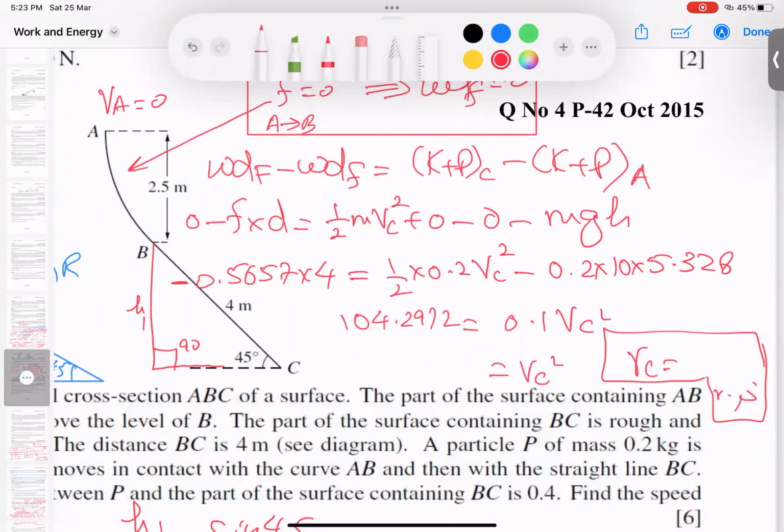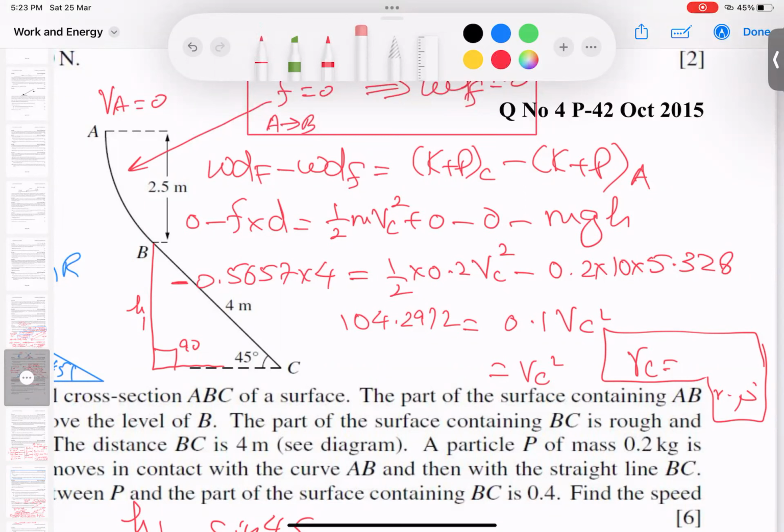Sir, yes, please. It's 0.2 times 10 times 5.33. Okay, okay, I made a typing mistake. One minute, let me check. 0.2 times 10 times 5.328. Okay, and this goes there, and minus 4 times 0.5657, and it is coming.